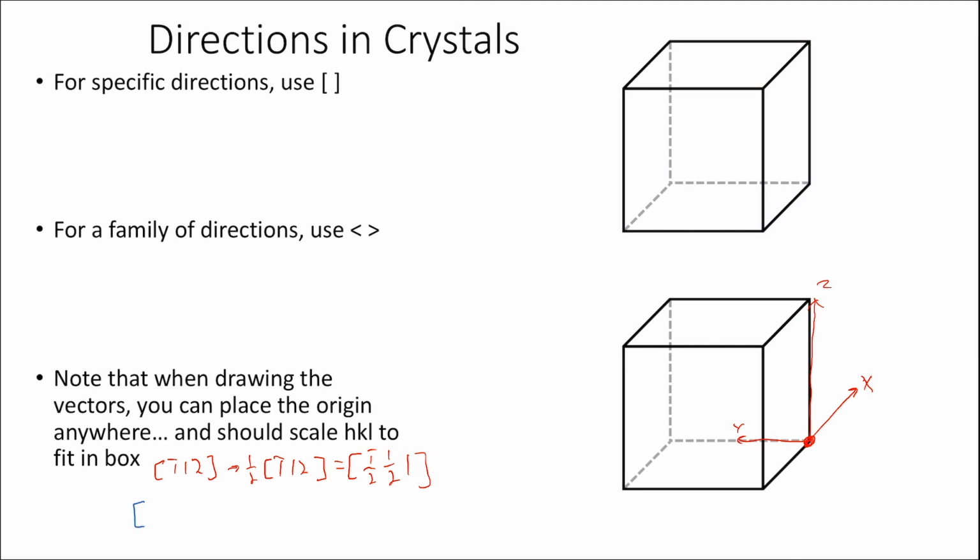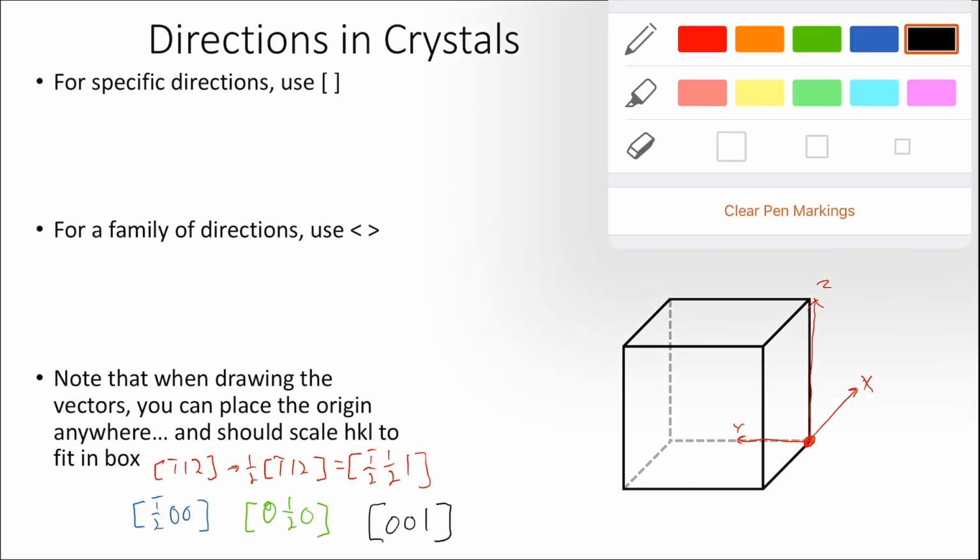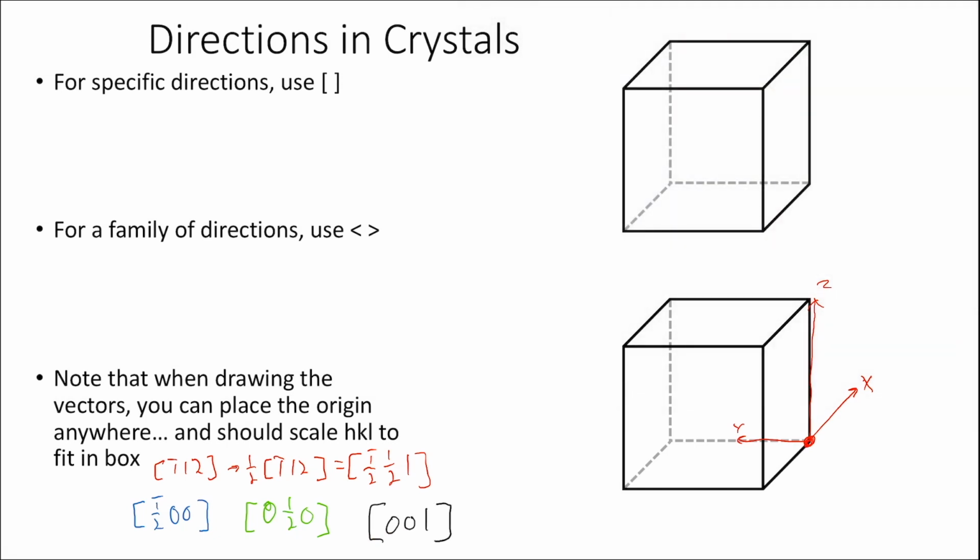And so this is going to be just minus 1/2, 0, 0, plus 0, 1/2, 0, plus 0, 0, 1. And so we're just going to add all those up together, and then that will give us the final vector.